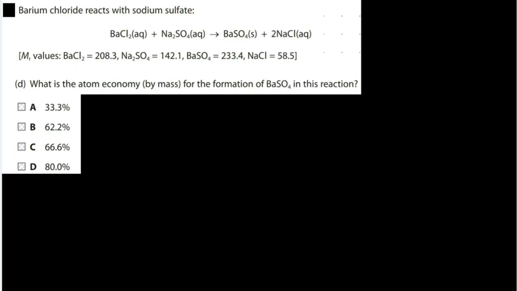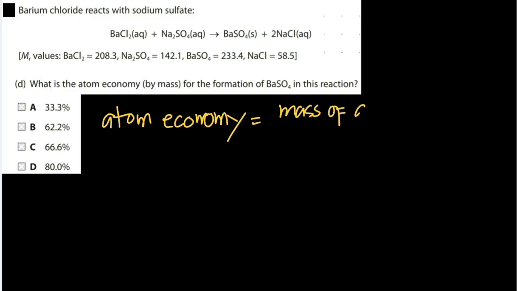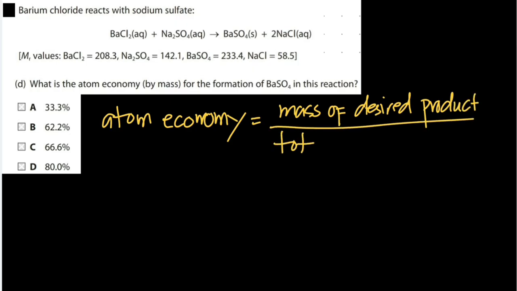Okay, the same problem, but another question. What is the atom economy by mass for the formation of barium sulfate in this reaction? So how do we solve atom economy? Atom economy is just equal to the mass of desired product divided by the total mass of reactants times 100%.